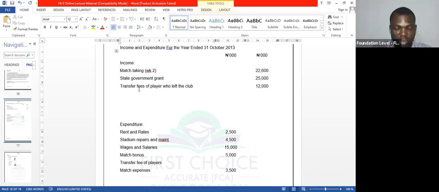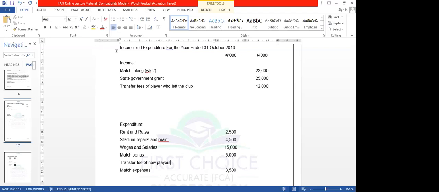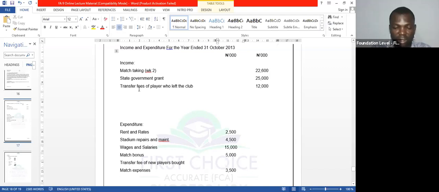That will give us a total of 8,000. Now that we have that, it has to be 8,000. Another one that we have after match expenses and transfer fees is fines.